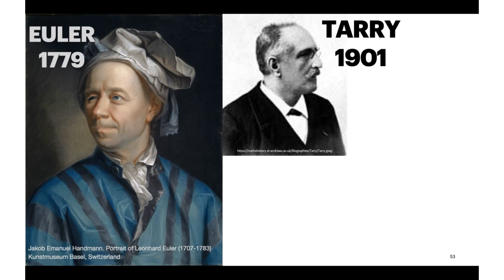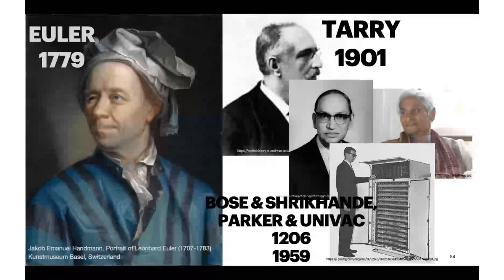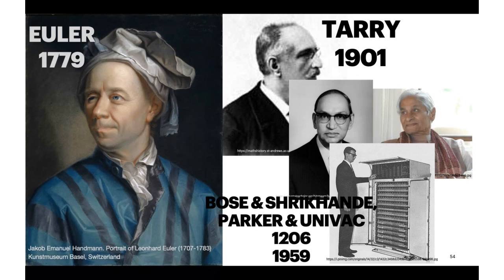And we had to wait for yet another 50 years to see that Euler's hypothesis about 4k plus 2 does not really work. Parker, Bose, and Shrikhande constructed methods for building Greco-Latin squares of order 10, 14, 18, and 22.